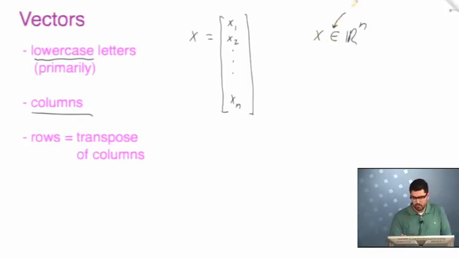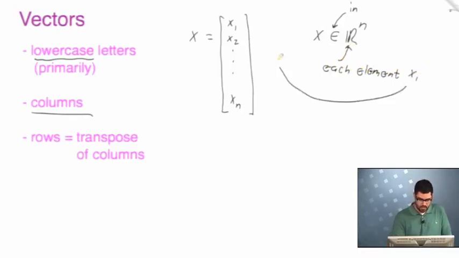This symbol means "in." And R just means that each element, x_i, so any of these, each element is a real number.